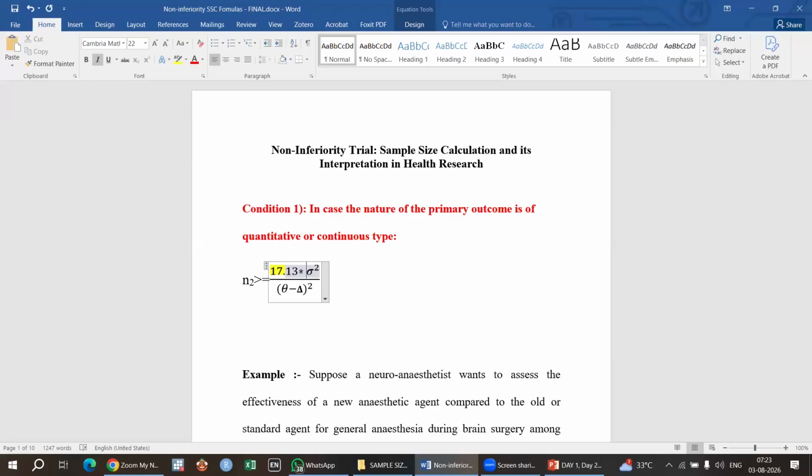This is a very simple formula. Then what do we need? We need only sigma, and we need only theta. Theta is the difference in outcome, and delta is the non-inferiority margin. So please see this.